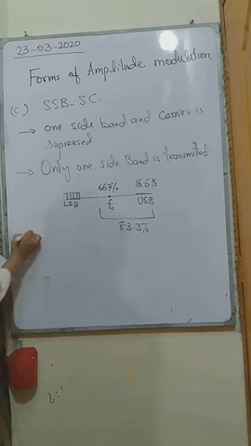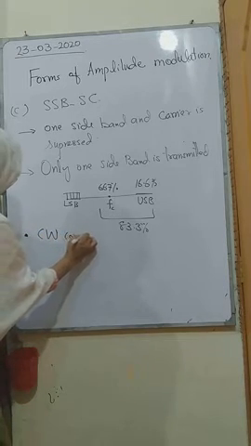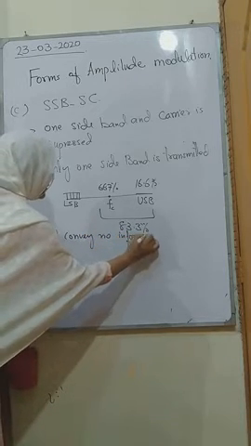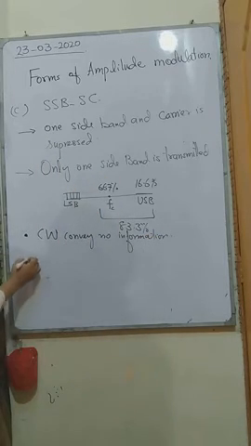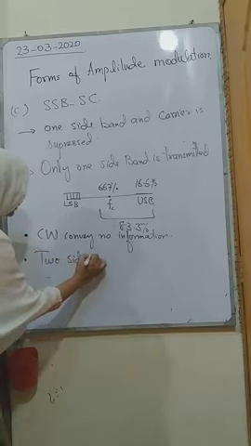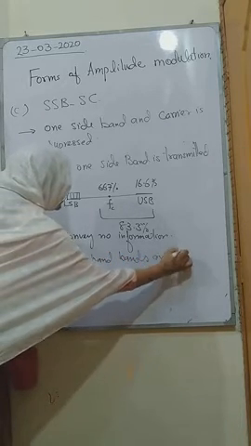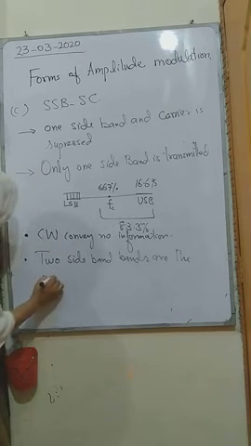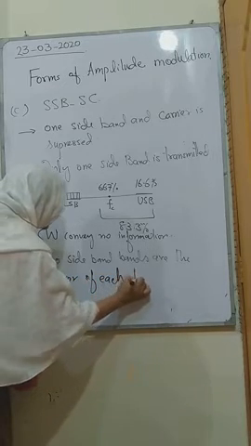So why are these not affected? Because the carrier wave conveys no information. It is just the carrier wave. And the two sidebands are the mirror of each other.